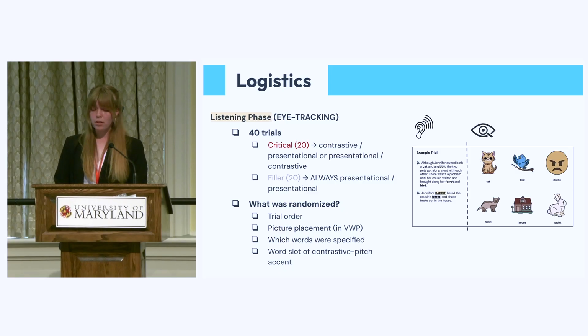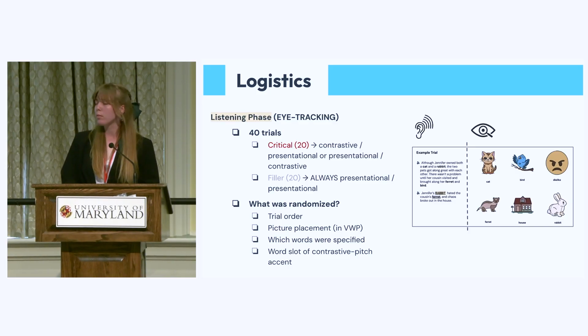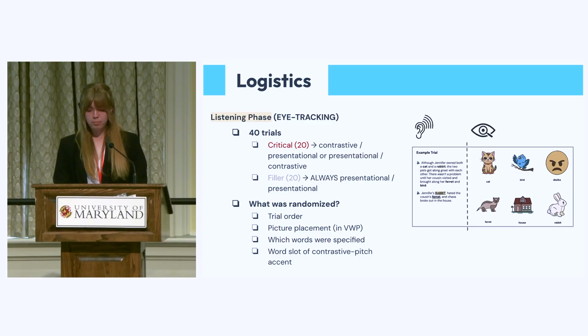And then we also included labels with the visual representations of words from the contrastive pairs. Trial order here was randomized, as was the picture placement in the visual world paradigm grid, which words were selected from the contrastive pairs, and the placement of the contrastively accented word in critical trials between word slots. And then item conditions were also counterbalanced across participants.